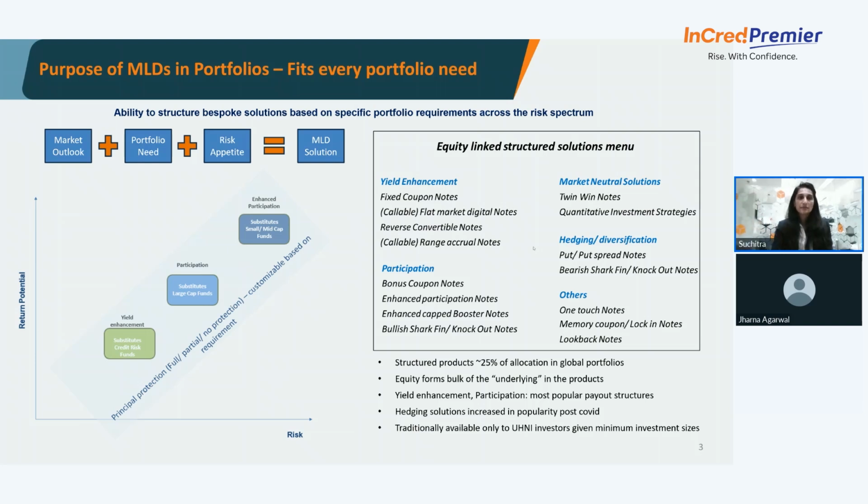Or I just get the performance of Nifty. We can design the payout based on your requirement. It's called a participation product because you get the returns of the Nifty. You get to participate in the equity markets without putting your principal at risk.